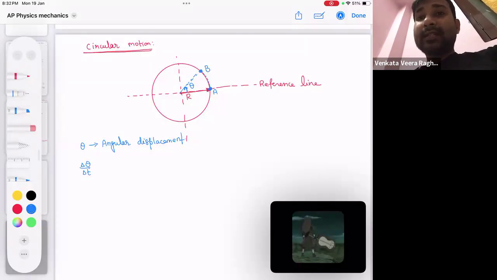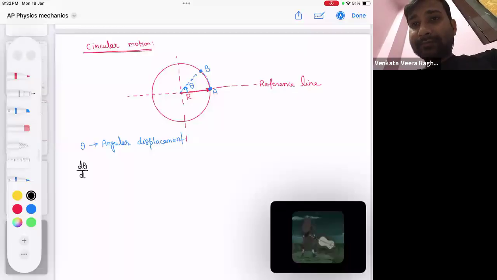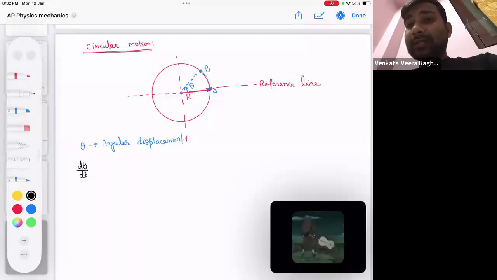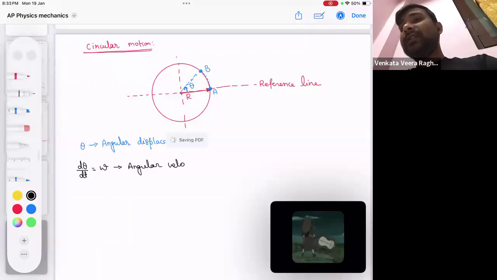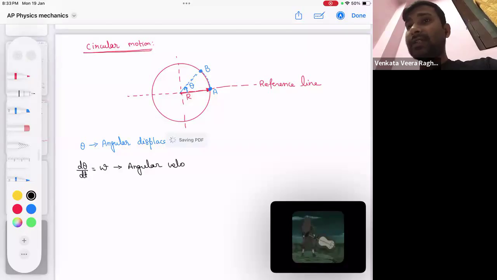And in case of instantaneous, we write d theta by dt, for a small interval of time, and that is represented by omega. Omega is called the angular velocity. Angular velocity means how much angle the particle is covering in a unit time. That's why it is called the angular velocity. Understood the second part?